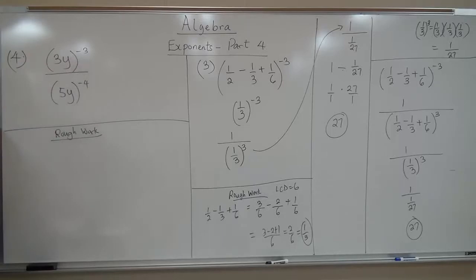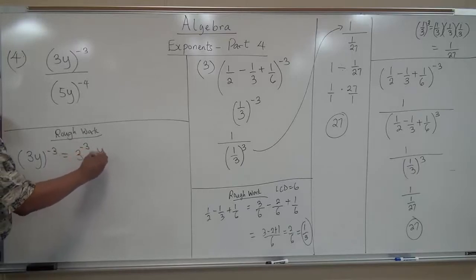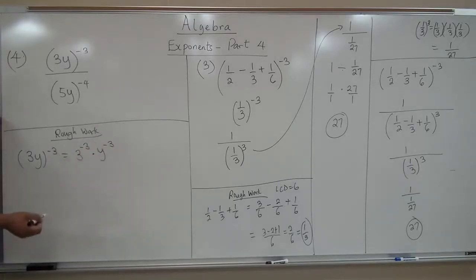Let's start with the numerator. Because we have exponents, we've got to do it step by step. So 3y exponent negative 3. Here you use the law of exponents: you dissociate, you solve, then you associate. This is 3 exponent negative 3 times y exponent negative 3.